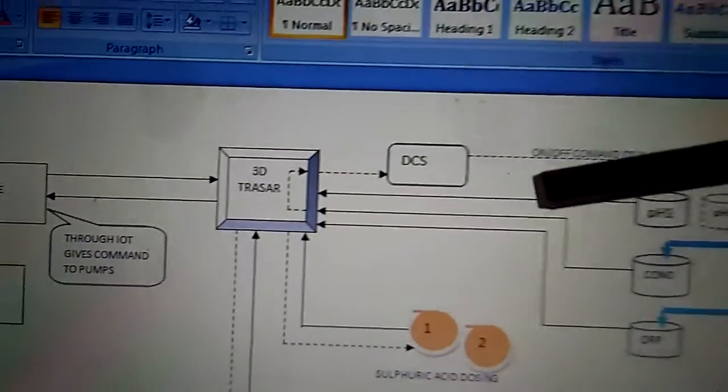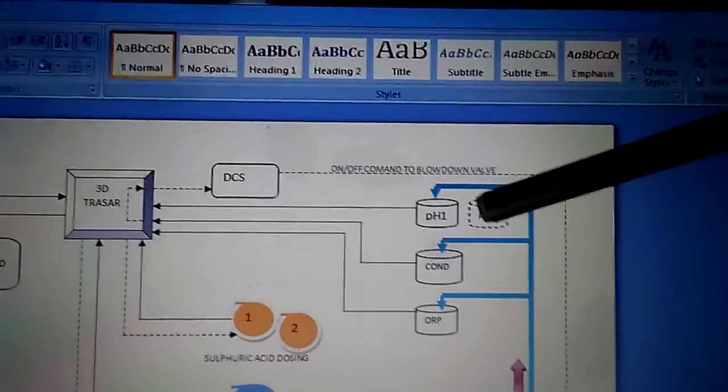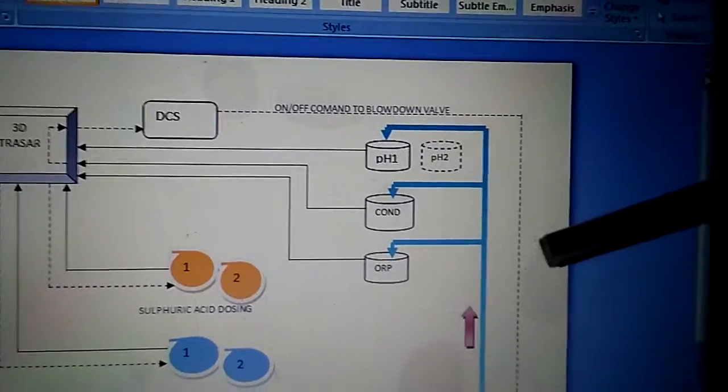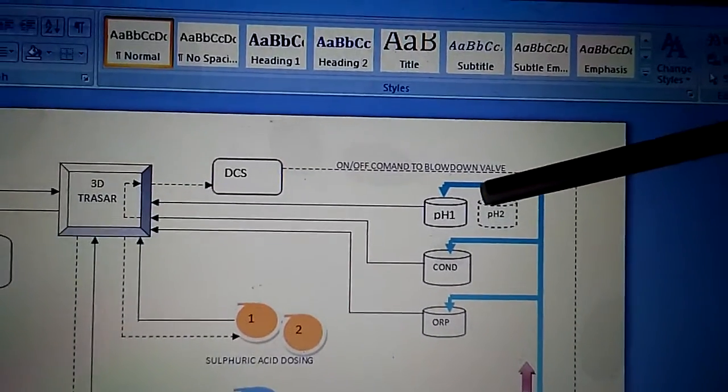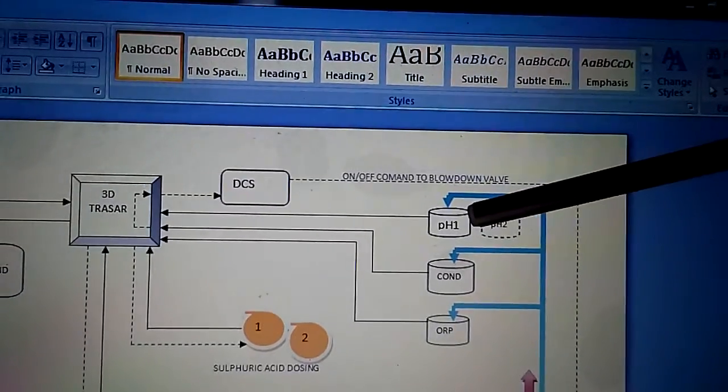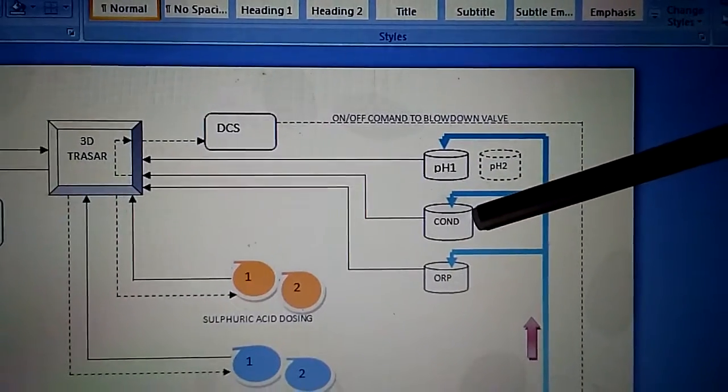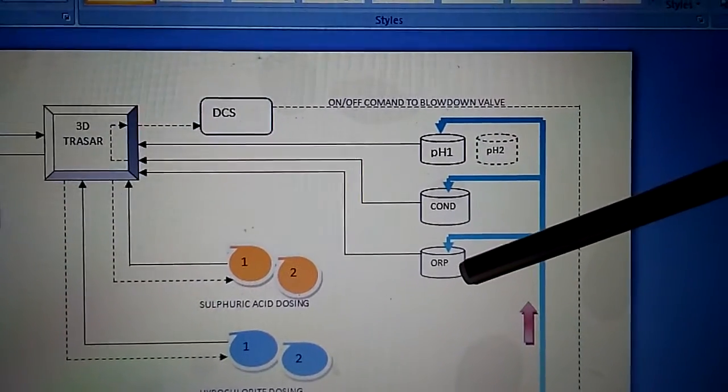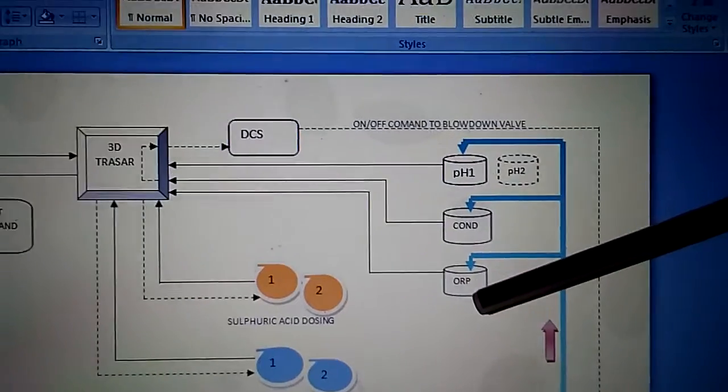This is the 3D tracer, and for that we have different probes which measure the pH value, the conductivity of the cooling water, and the ORP value, and like this.